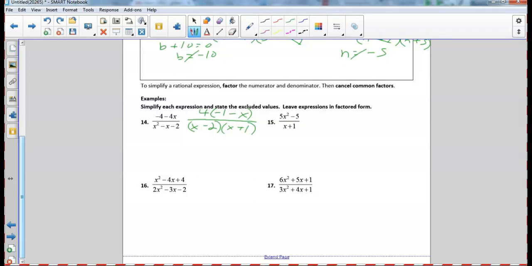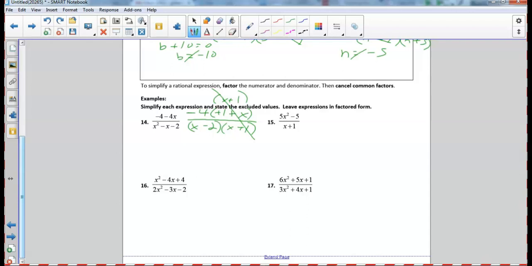So if I, instead of pulling out a positive 4, pull out a negative 4, then I end up with 1 plus x, which is the same thing as x plus 1. And therefore, that cancels, 1 plus x and x plus 1. Now you won't write it 3 times. I'm just showing you that 1 plus x is the same thing.